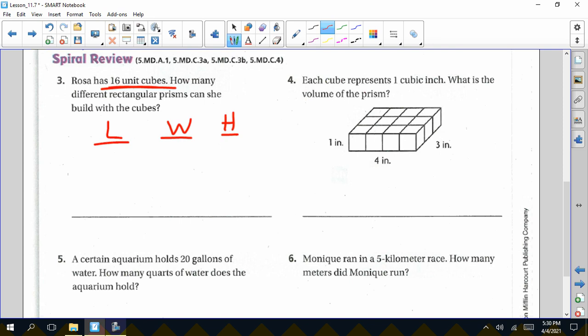So come up with all the possible ways. Obviously, you're not going to repeat one, but all the different ways we can make a rectangular prism using 16 unit cubes. If you need help with that, you can look back into the previous lesson or the earlier lessons. And I think we did 16 unit cubes in that lesson.